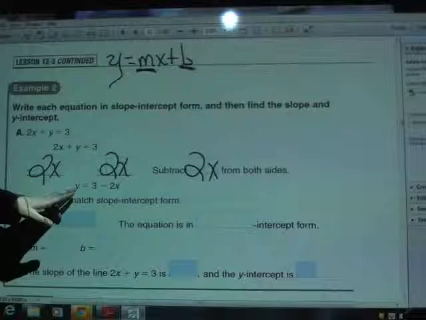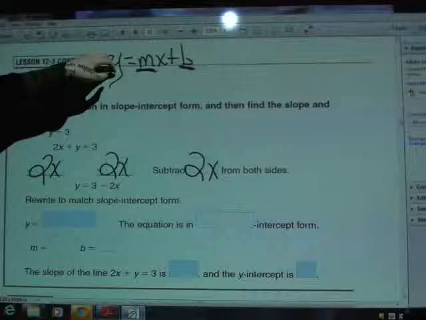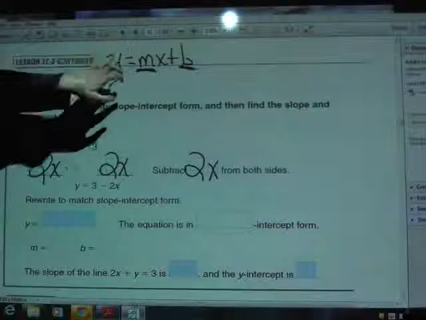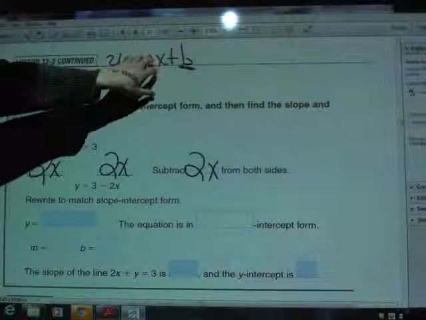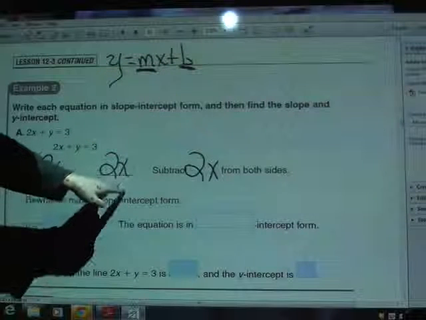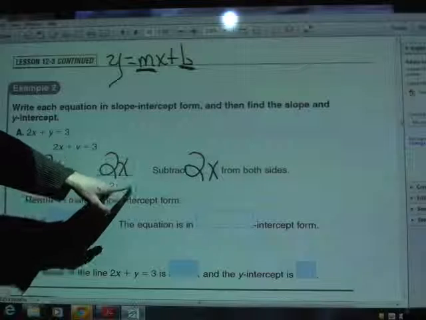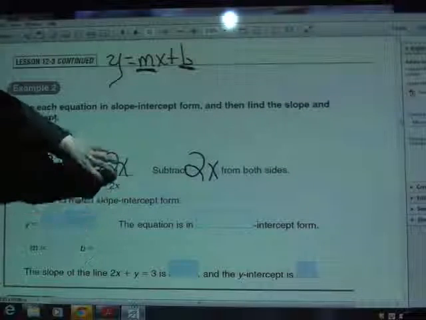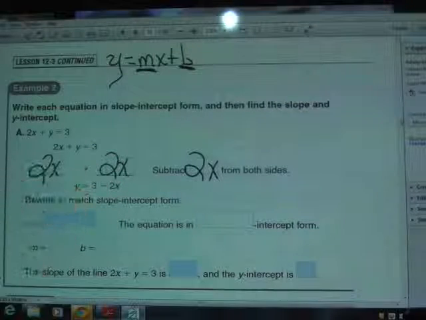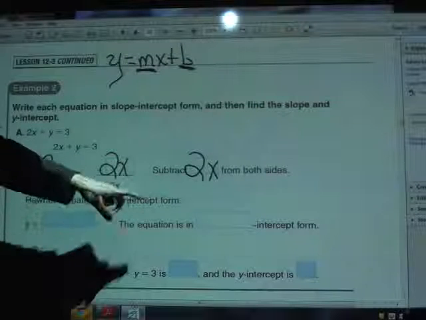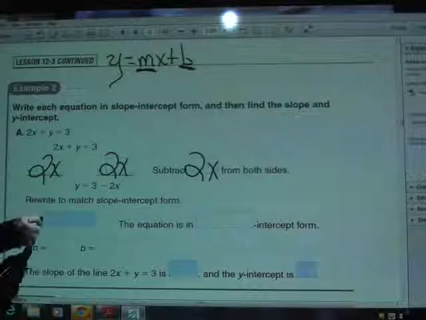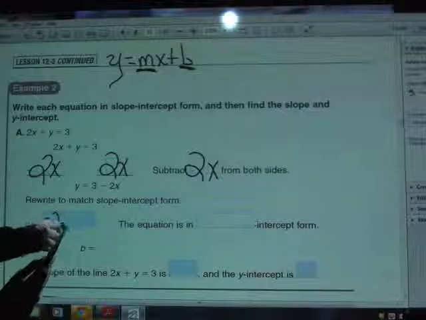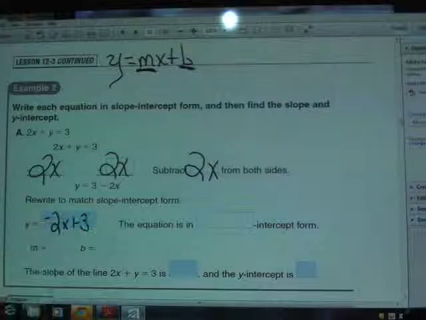Now that's a little bit better because if you notice the left side, it just says y equals, and here it still says y equals. But after that y equals should be the term with x. And as you can see, that term with x here is actually the last thing. So now what we want to do is go ahead and flip this around, which is why they're telling us to rewrite this. So when I do that, I have y equals negative 2x plus 3.